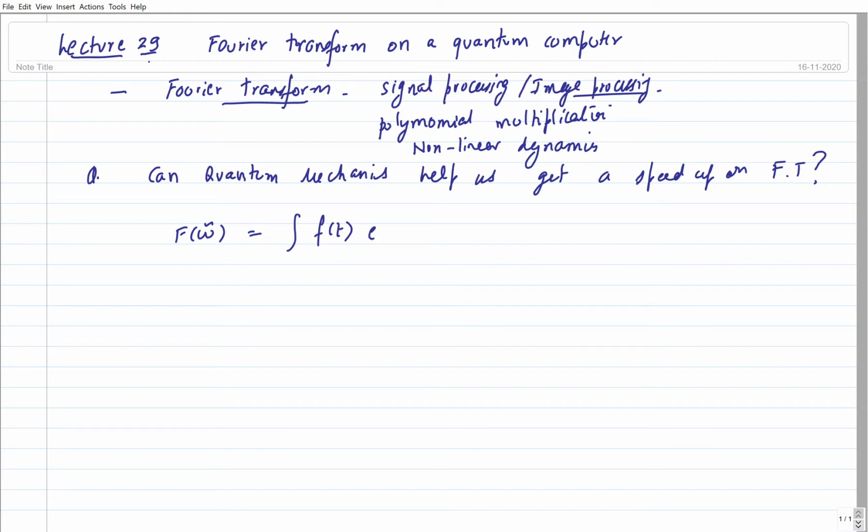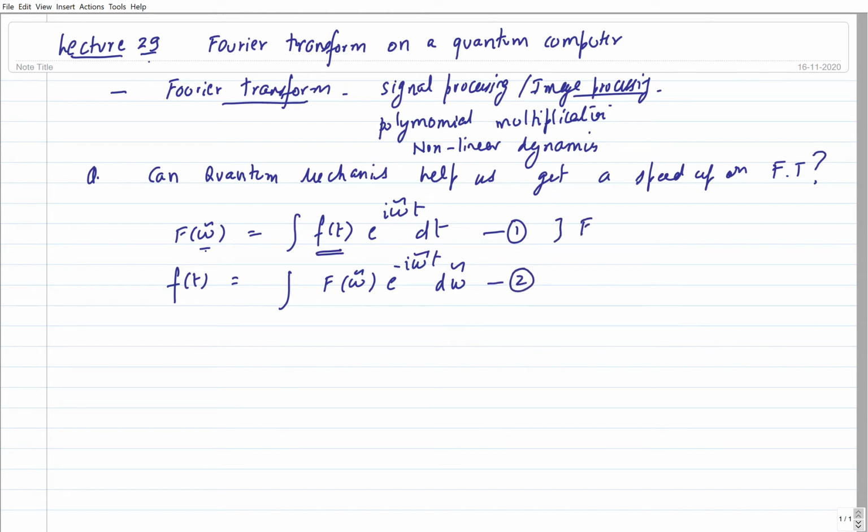By definition, the Fourier transform is decomposing a time domain signal into its constituent frequencies, and the inverse Fourier transform would be, so the Fourier transform transforms from the time domain to the frequency domain, and this, the inverse Fourier transform, does the opposite.